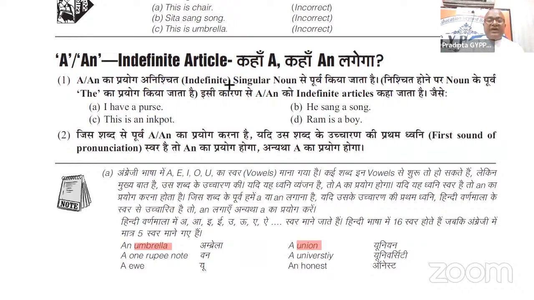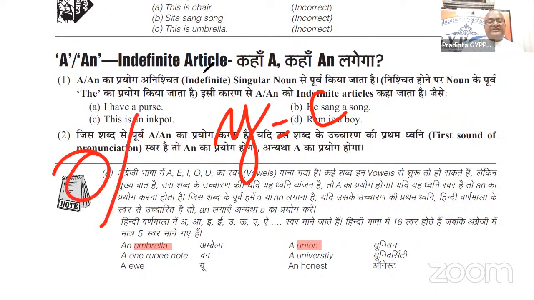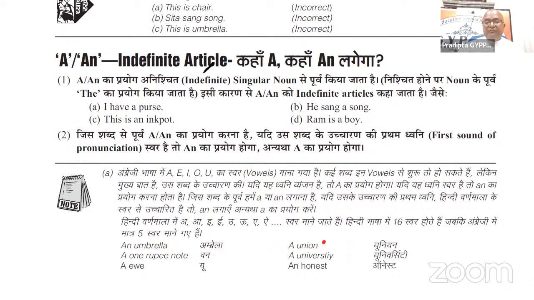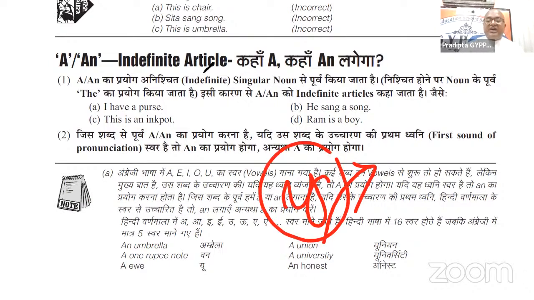Now, in international English, Y is a consonant. And in international English, obviously the sound represented by this phonetic symbol is a vowel. But in American English, Y is also a vowel. Anyway, we will not get into American English right now. But since the letter is pronounced like Y here, we will use a union, a university, right?